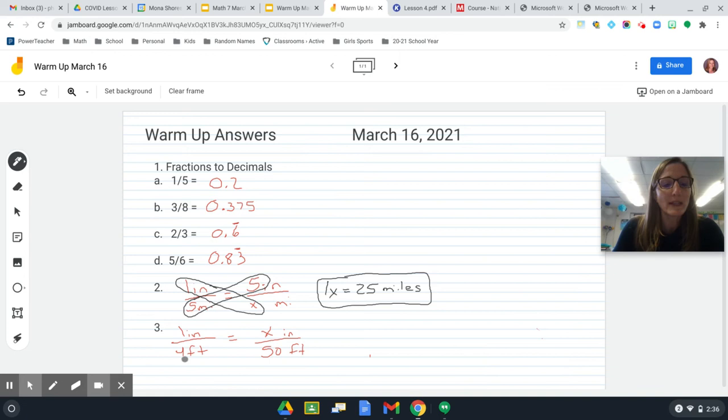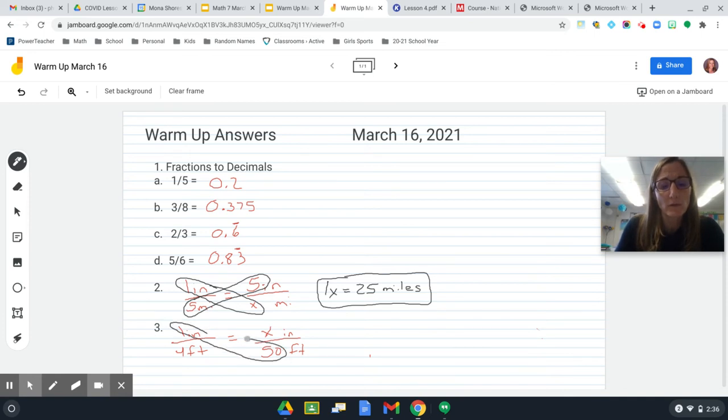So for every inch on that model of the bridge, it represents 4 feet actual on the bridge. And so we know in the story that it's 50 feet across the bridge actual. So feet and feet, those are matching in the denominator. And like I said, what you're trying to find is in the model of the bridge, the amount of inches. So X goes on top this time.